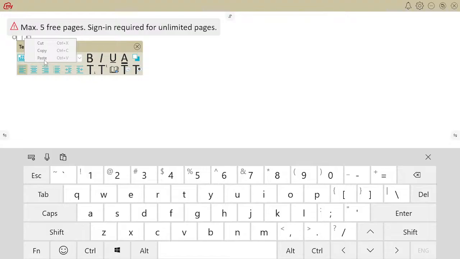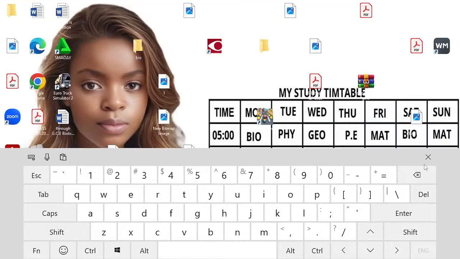I hope we are seeing what is happening. Let me just go and copy this one again.